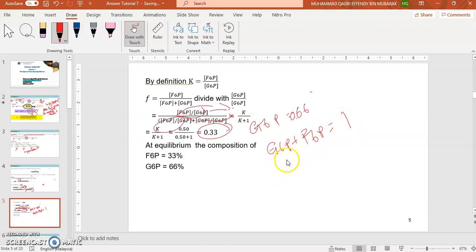So we already have F6P as 0.33. By manipulating this equation, we can determine the fraction of G6P, which is going to be 0.66. If we convert it into percentages, we get 33% for F6P and 66% for G6P respectively.